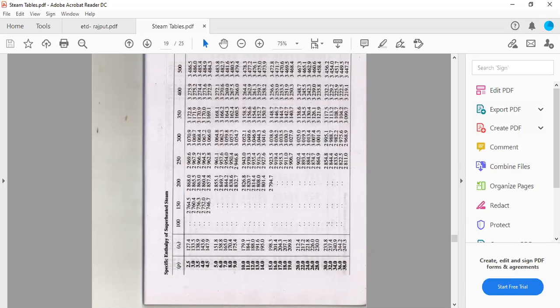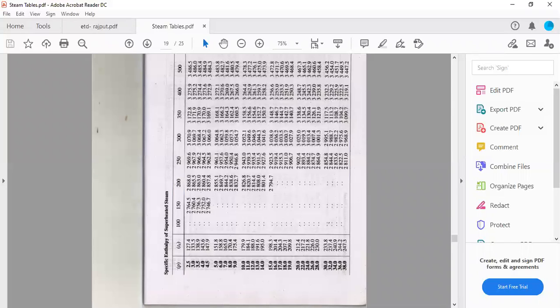For example, what is the pressure given at inlet? And what is the temperature given at inlet? That's why, whenever a problem is given, see here, just to show you that these are in the order of 2900, for example, 2916, 3054, in this order. So all these are enthalpies.